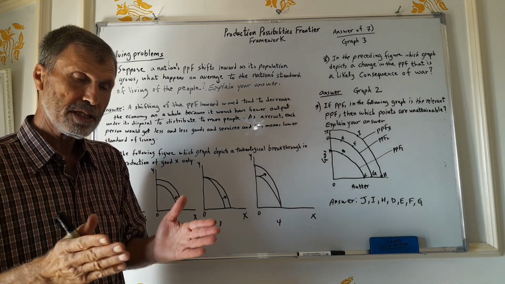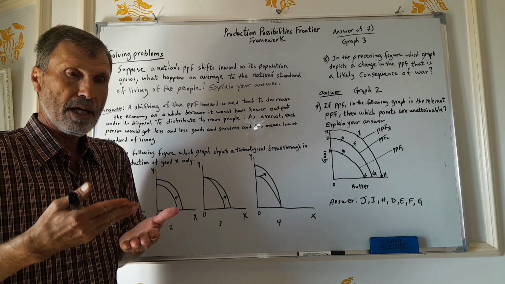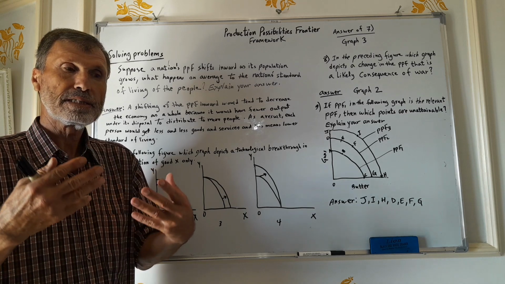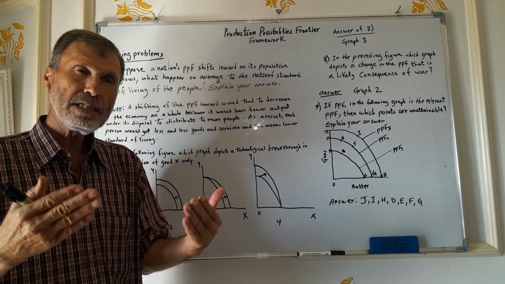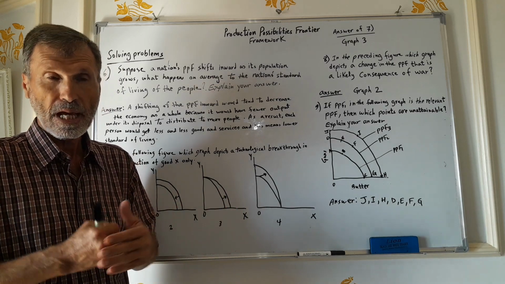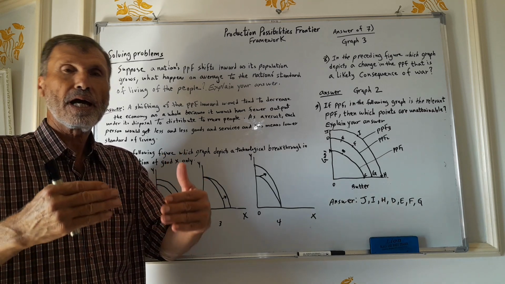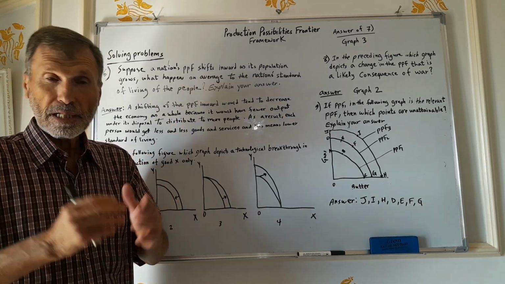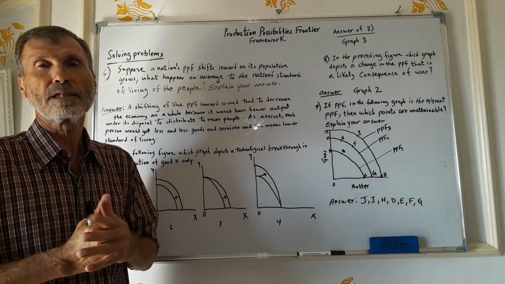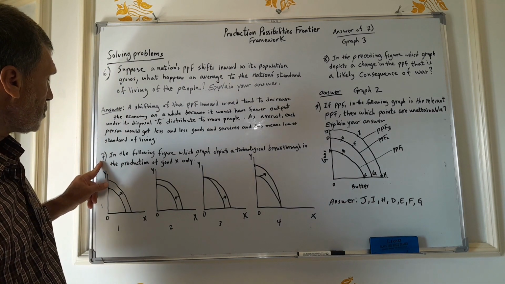So you see here, the thing about this question is that when an economy is experiencing a decrease in its output, in the production of goods and services, and at the same time it is experiencing an increase in its population, then at the end you're going to experience a lower standard of living in the economy. Right.